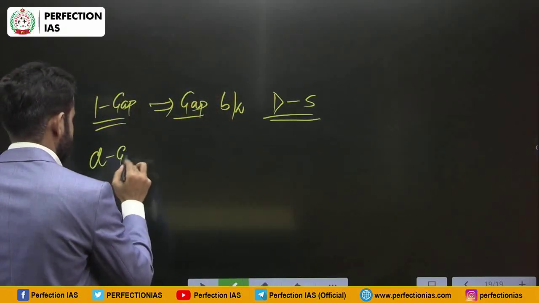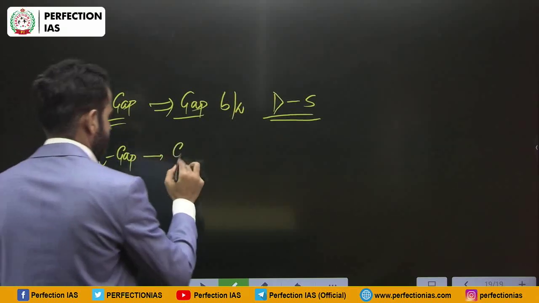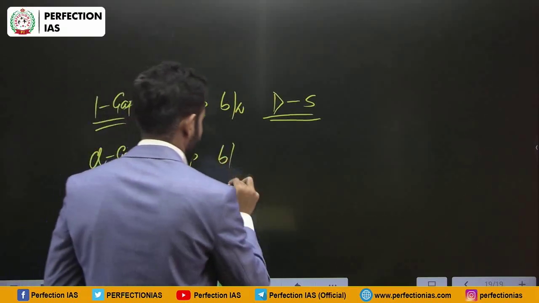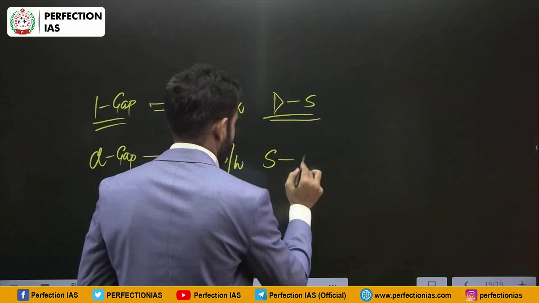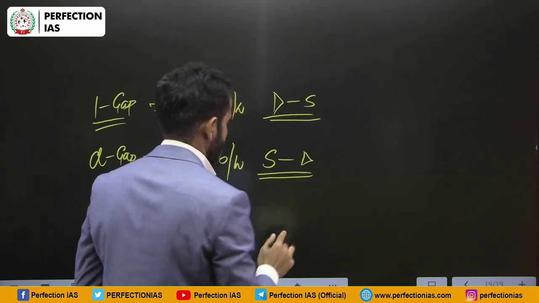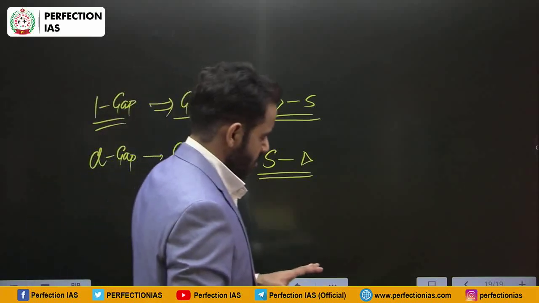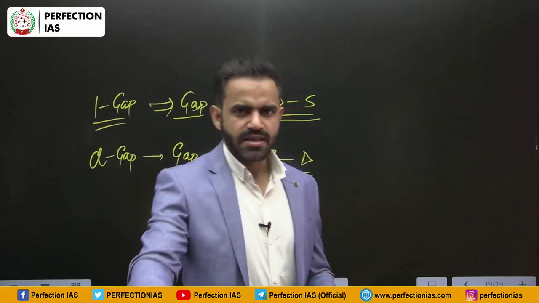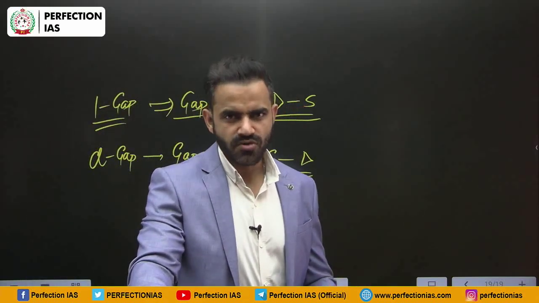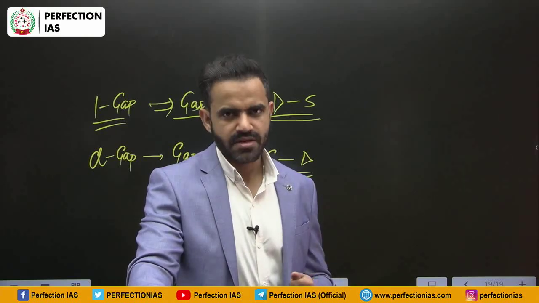The deflationary gap means the gap between supply and demand. So these were the types of inflation. In the next lecture, we are going to cover a few more topics related to inflation. Thank you.